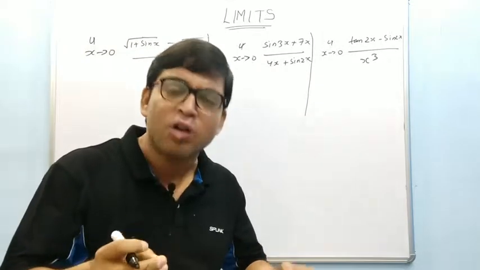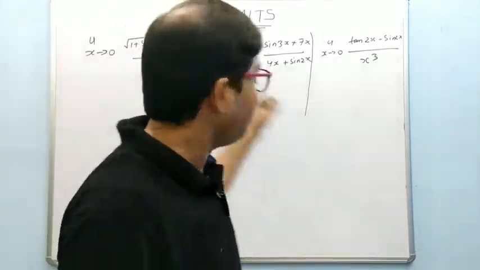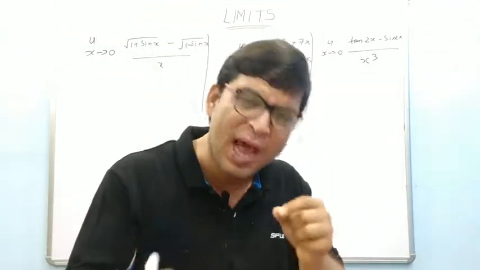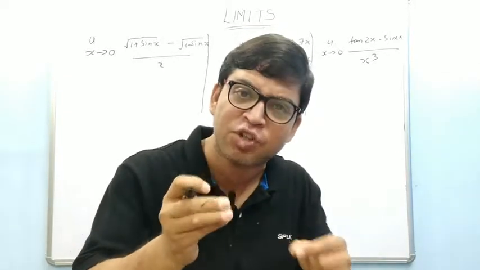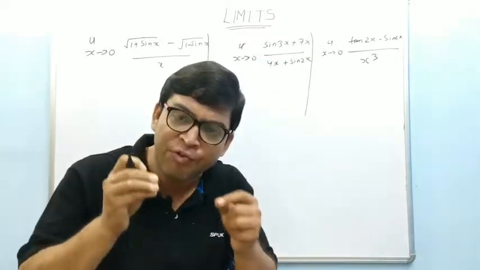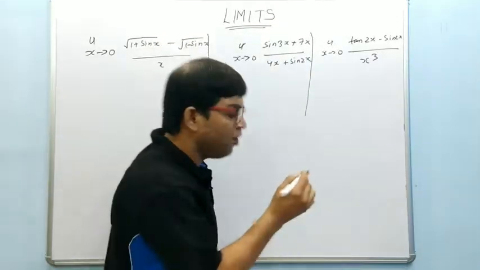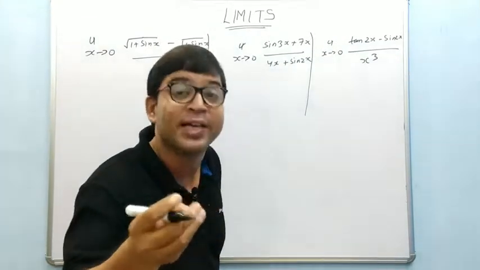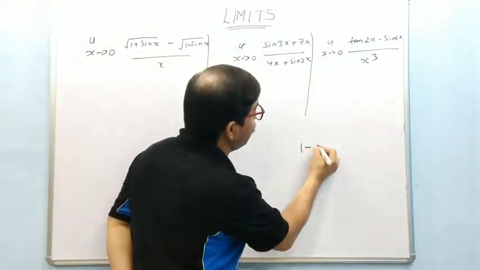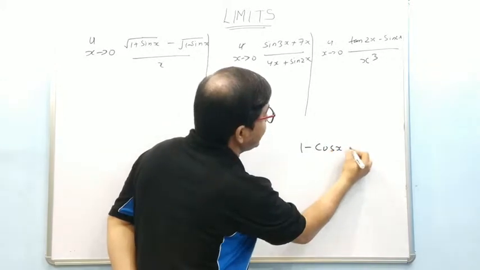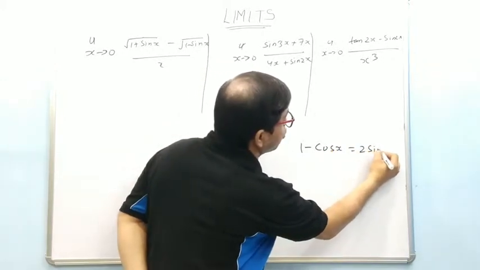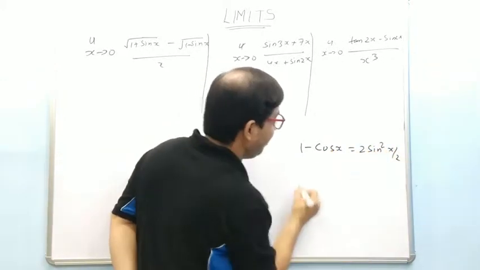Now we will solve some more problems on trigonometrical limits. For that we have to remember certain trigonometrical formulas which are very, very important. I am just writing the formulas for the sake of revision. You just note them down. 1 minus cos x is 2 sin square x by 2. Very important.